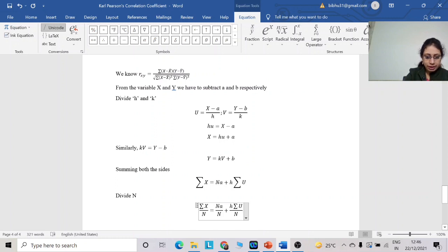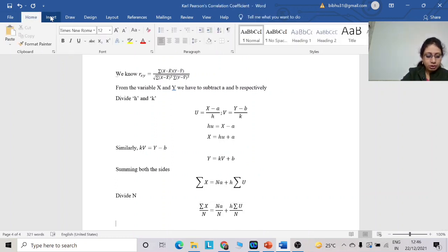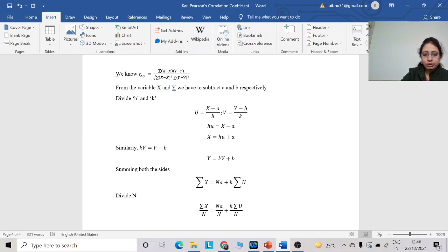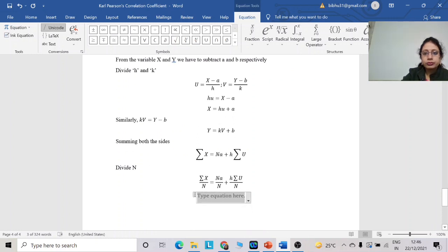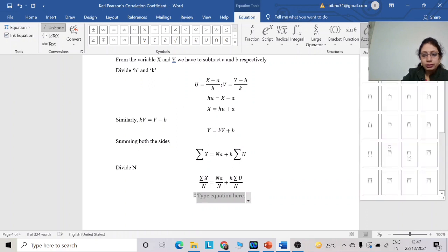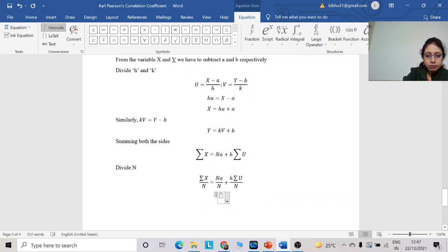So we can rewrite this equation once again. Summation x by n we can write as x bar, which is equal to na by n, which we can write as A, plus h, this one can be written as h u bar.